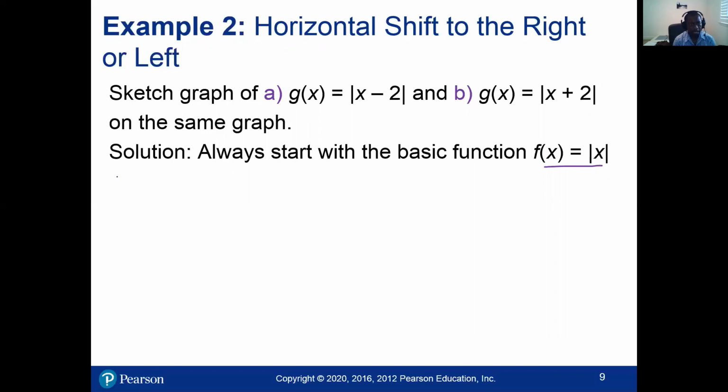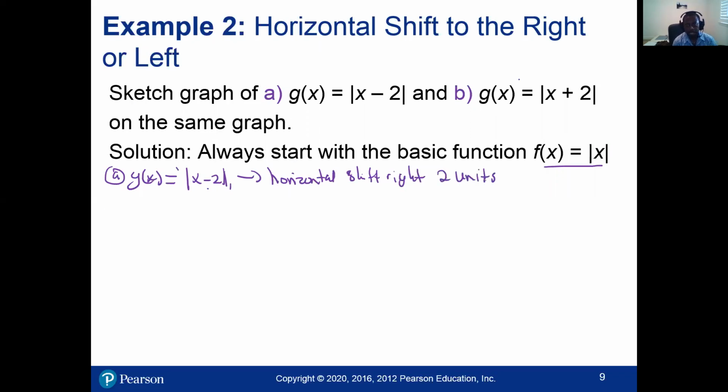First for part A, where you have g of x is equal to the absolute value of x minus 2, this is a horizontal shift. It's going to go left or right. Because it's minus, it is going to go to the right, so it goes right 2 units.